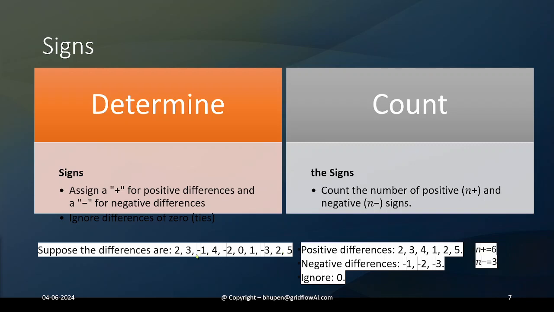Here the positive differences are 2, 3, 4 and so on, and zeros are ignored. Likewise, we have negative differences -1, -2, -3, and we also ignore 0. Counting them, plus is 6, minus is 3.